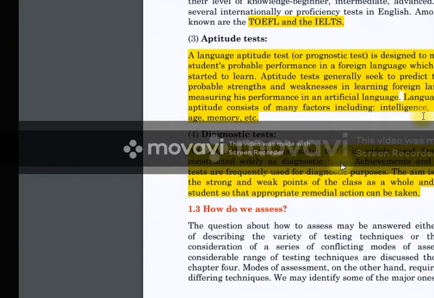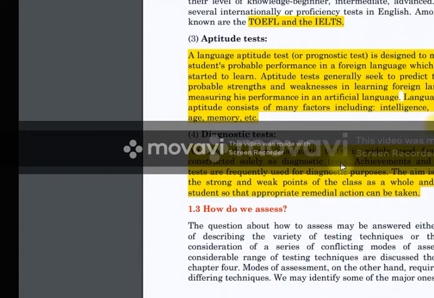But this prediction will be made before the semester. So how can I do this? It's like a prediction. Aptitude tests generally seek to predict the students' strengths and weaknesses in learning a foreign language by measuring performance in an artificial language, depending on what?